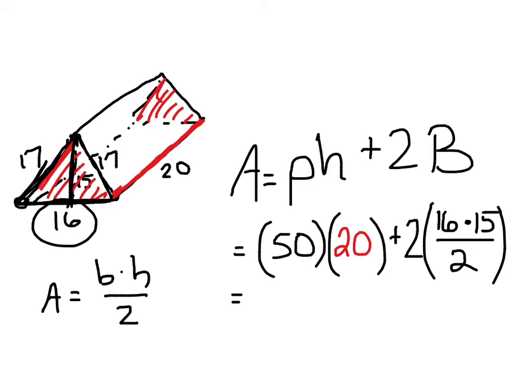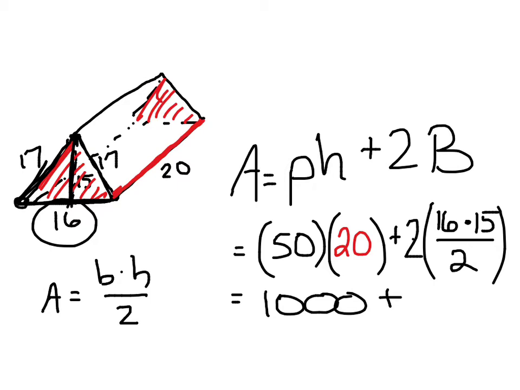So then to come up with my final answer, the first thing I need to know is, what's 50 times 20? 1,000. Plus, if I take 2 times 15 times 16 and then divide it by 2, what number am I going to get? 120?